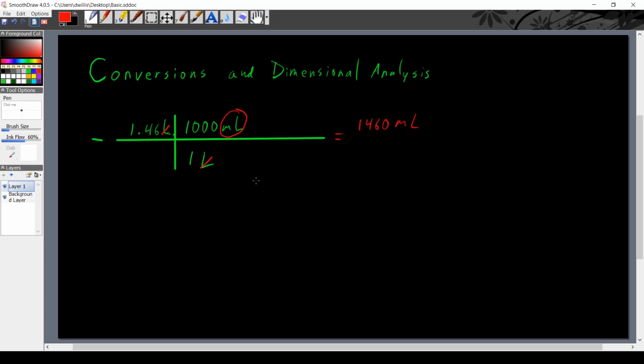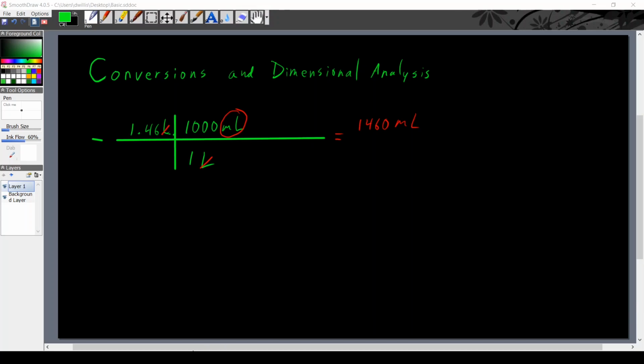So let's practice that real quickly, though, within the customary to metric system. And that works the same way, except we just need to use different conversion factors. So let's say that we would like to convert inches into, let's just say centimeters.